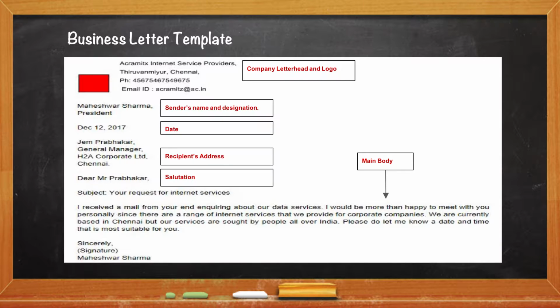I would be more than happy to meet with you personally, since there are a range of internet services that we provide for corporate companies. We are currently based in Chennai, but our services are sought by people all over India. Please do let me know a date and time that is most suitable for you. Sincerely, and the name of the person. We have already had the designation of the person. He is the president of this particular company.